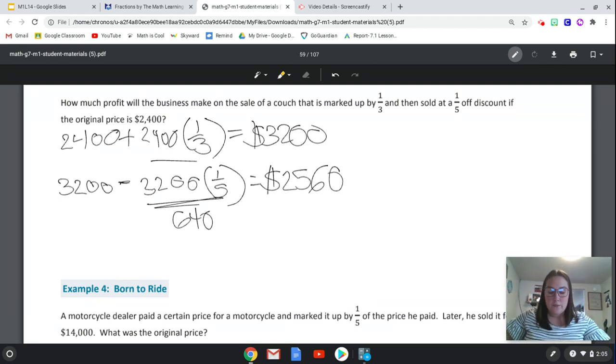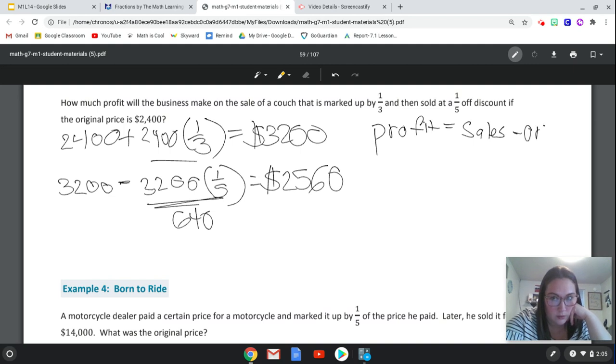Now it's asking for what's the profit? What did you profit off of this marked up price? So profit equals sales price minus original price.